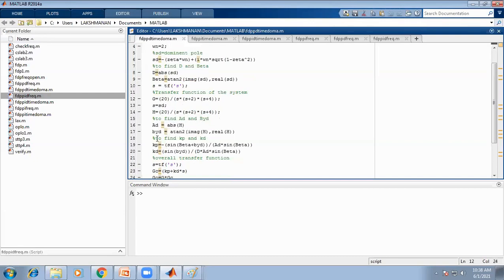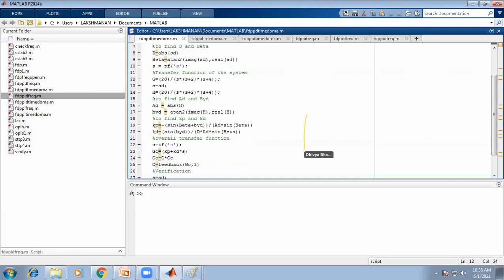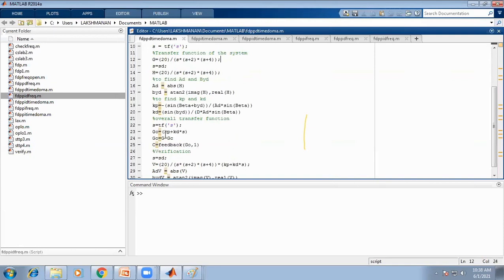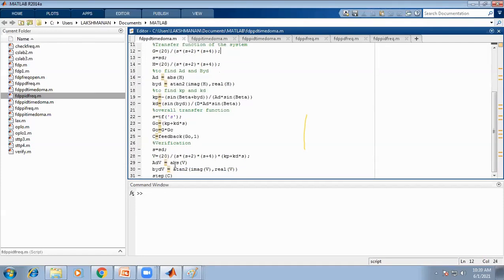Then using the KP and KD formulas, I will get the KP and KD values by using D, beta, AD and PID. Next I will get the transfer function of the PD controller, GC. Next I can find the compensated system, then find the closed loop of that system, then the verification part.